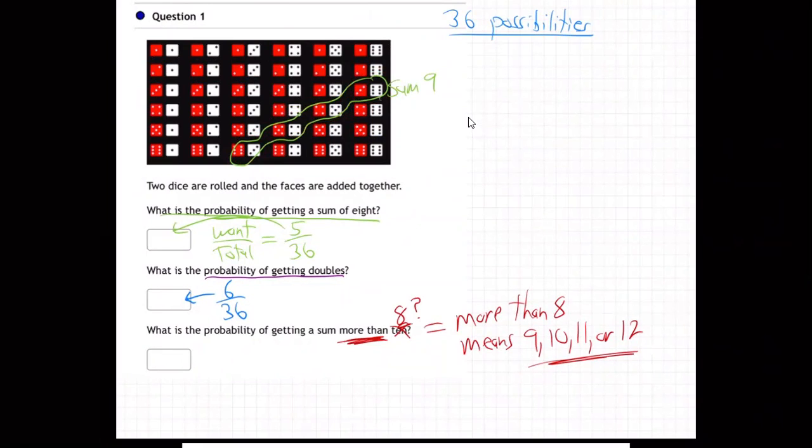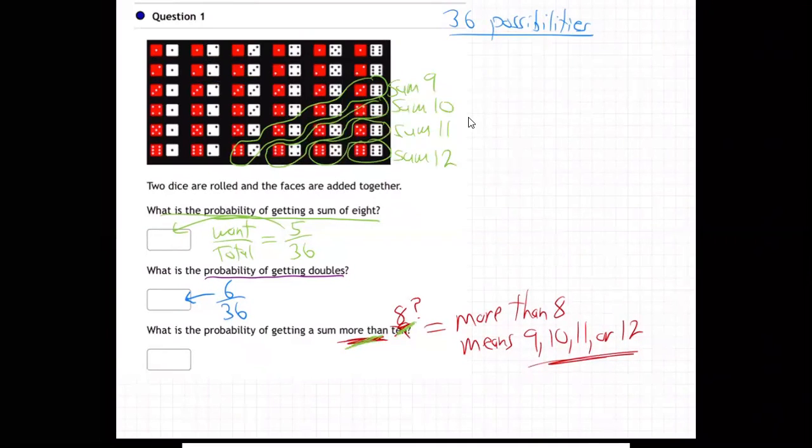And then the next row, all these sum to be 10, don't they? 4 and 6, 5 and 5, 6 and 4. And then the next row, the sum is 11. 5 and 6, 6 and 5. And the final, 2 6s, what they call boxcars, the sum is 12. Those are all the sums that are what? More than 8. So how many are there?